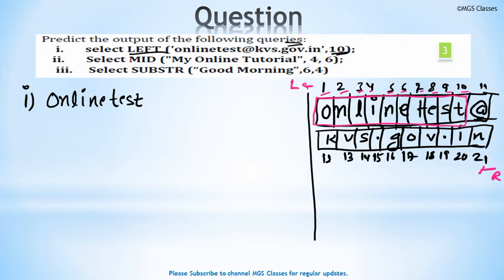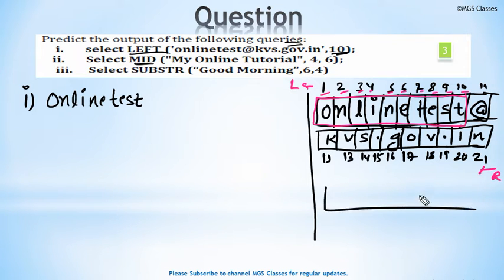Now the second query is given as select mid my online tutorial 4,6. Mid function, you know, is a string function. It also extracts the string from position 4 and of length 6. So the mid function fetches the substring of this string from position 4 of length 6.